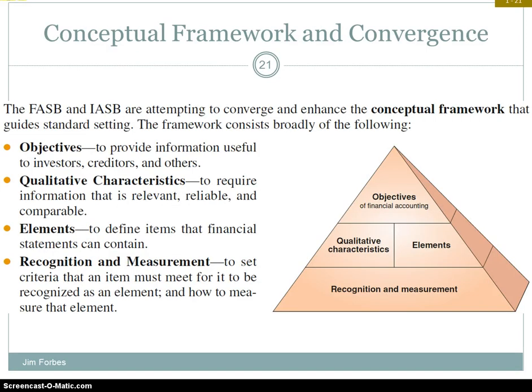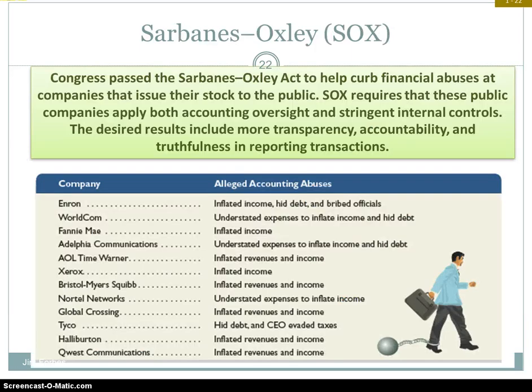Conceptual frameworks. I'm going to skip that chapter. I want to talk about slide 22, Sarbanes-Oxley. This was a law that passed maybe 10, 15 years ago due to a large volume of financial frauds in the marketplace. And this put some stringent laws in place where the top executives now have to attest to the authenticity of the financial statements and can be personally sued.